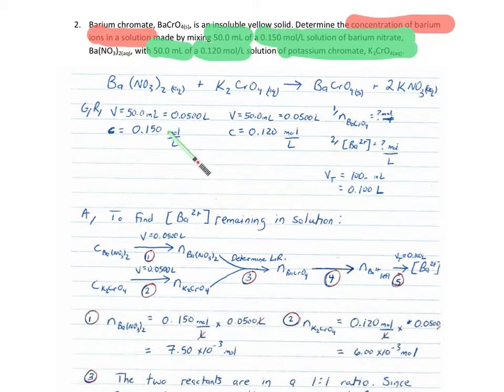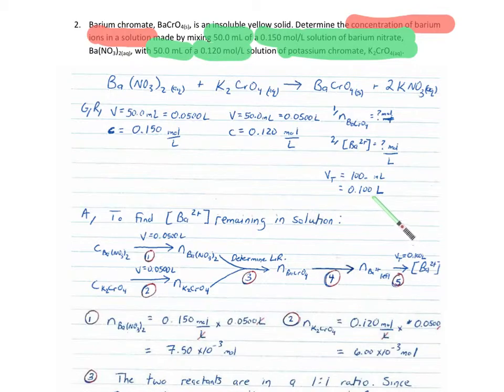And so I've got the barium nitrate, the potassium chromate, and then I know that in the end I'm trying to find the concentration of Ba2+ ions in moles per liter. So what that means is that I'm probably going to have to find the number of moles of the barium chromate to allow me to eventually find the amount of Ba2+ ions that are left, and I'll explain more down below.